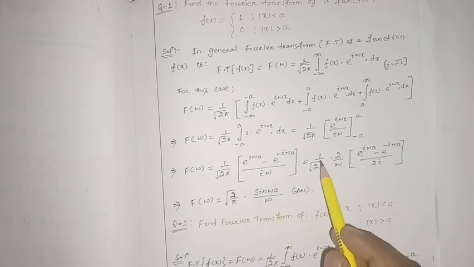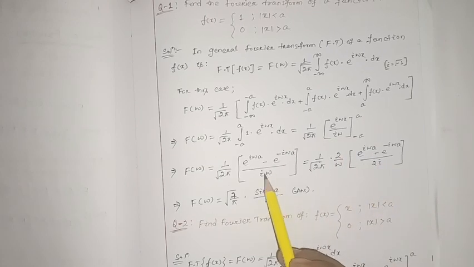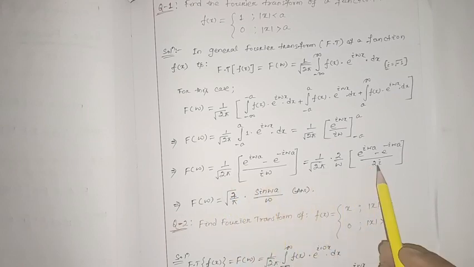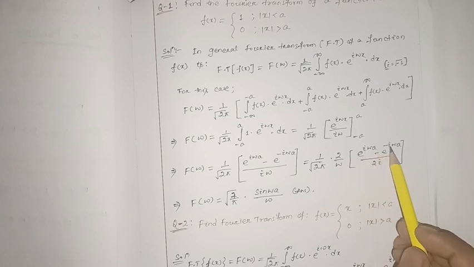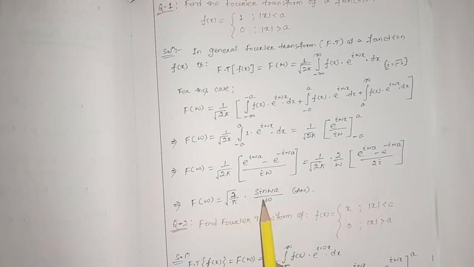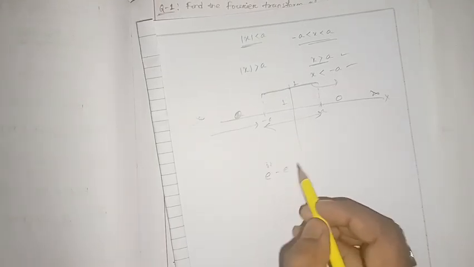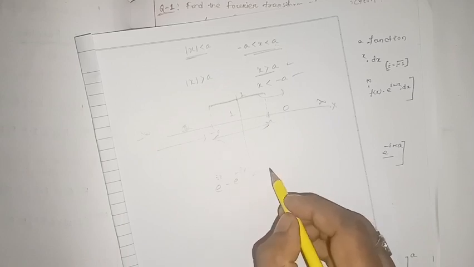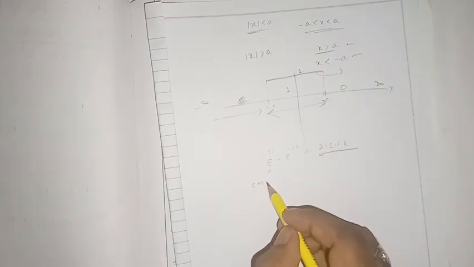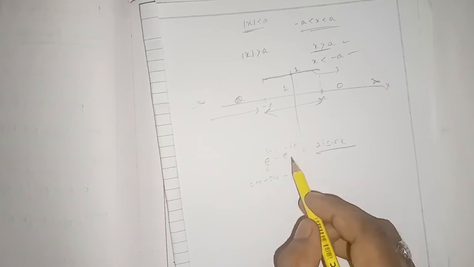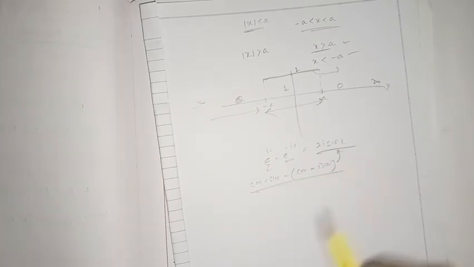Now 1 by root 2 pi is there, and I multiply and divide by 2, taking omega outside, so 2i is in the denominator. We know that e to the power i omega a minus e to the power minus i omega a is 2i sin omega a, because e to the power ix is cos x plus i sin x and e to the power minus ix is cos x minus i sin x, so the difference is 2i sin x.